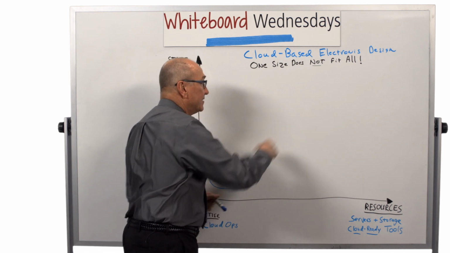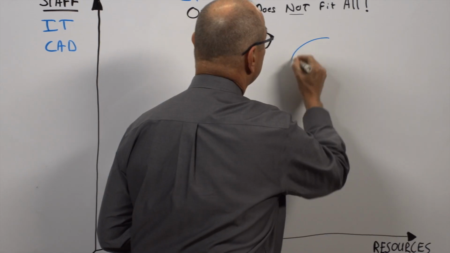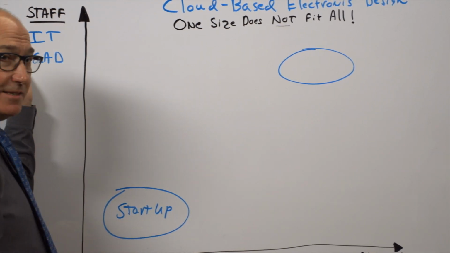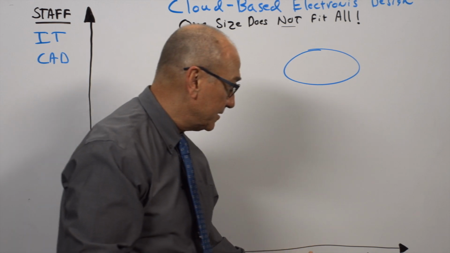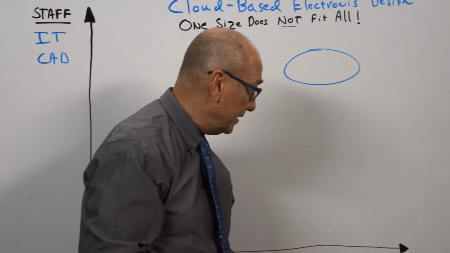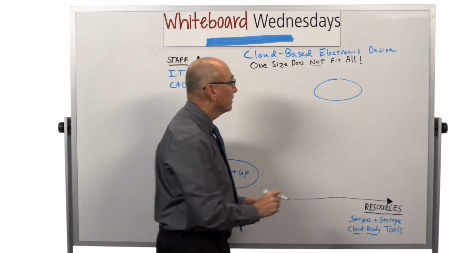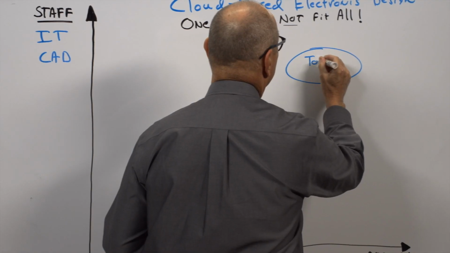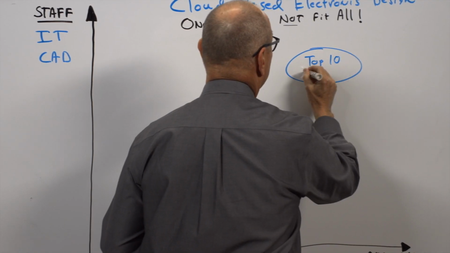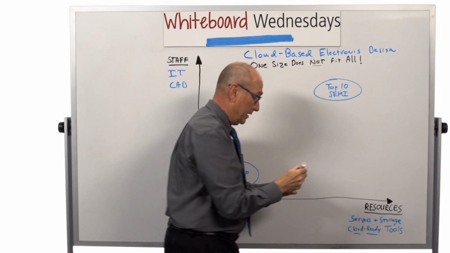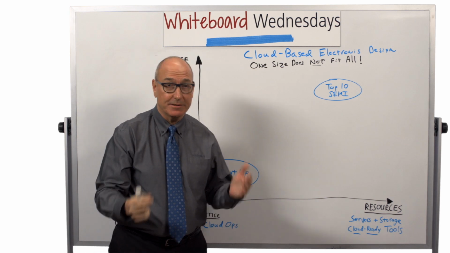If we travel up to this end of the spectrum, a company that has lots of IT and CAD support, lots of computer capacity, lots of cloud-ready tools, what does that sound like? Well, it sounds like pretty much every one of the top 10 semiconductor companies, because they have to have that stuff to be in business.